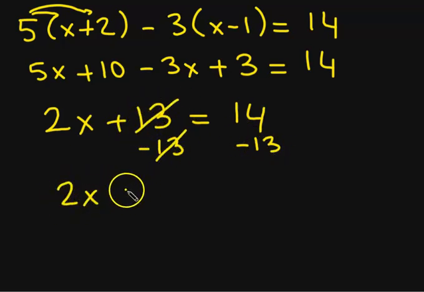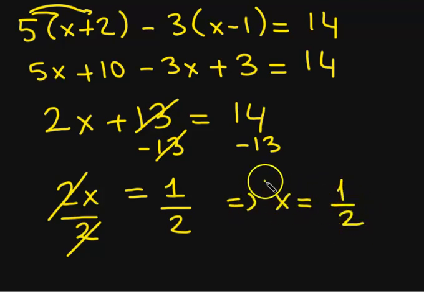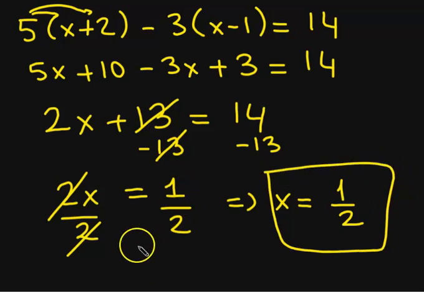I have 2x on the left side. On the right side, 14 plus 7, which is 21. And as the last step, I can divide both sides by 2 to get rid of the 2 of 2x. So I have only x on the left side, and on the right side, I have 21 over 2. So x equals 21 over 2.